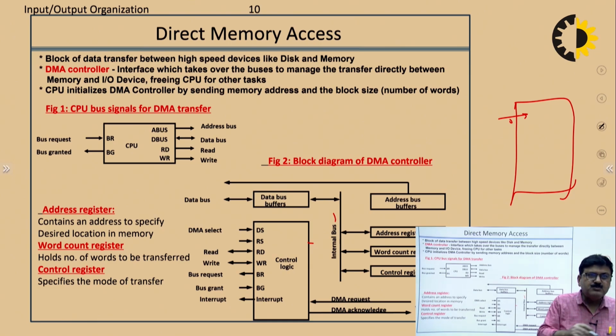So this block diagram shows what the DMA has in it. And DMA request and DMA acknowledge: when the input output device is ready to transfer the data or receive the data, it sends the request to the DMA. It means, I am ready, now you can transfer the data into the memory.